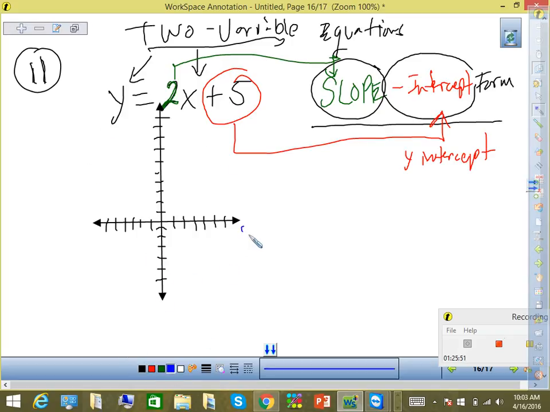It has an x-axis, which is this horizontal line, and it has a y-axis, which is the one running north and south, vertical. Everybody see that? So to graph this line, we use the information because it's called slope-intercept form. The first way that I want us to graph is using the slope and the y-intercept.